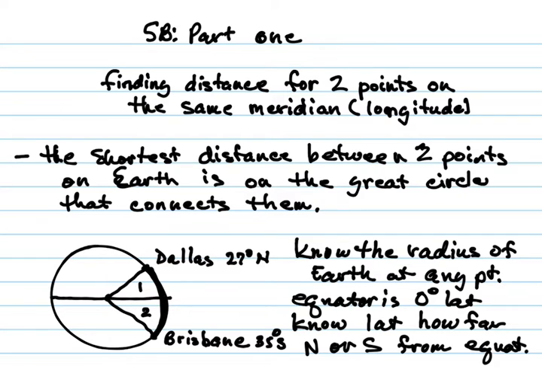Okay? Now, but we know the distance from the center of the Earth to the edge of the Earth is consistent all the way around. So the radius is going to always be the same.